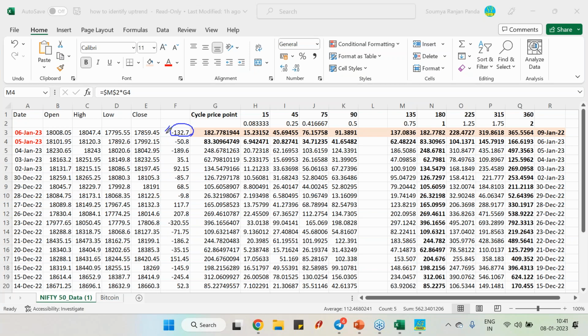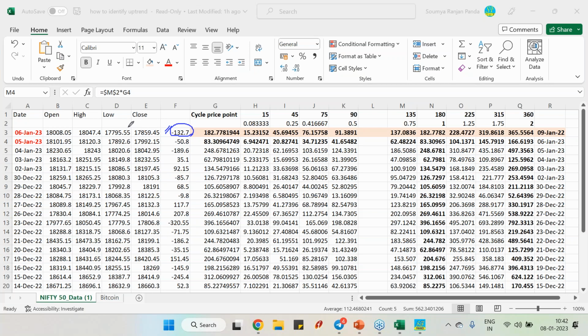Though it opened here, high here, low here, closing here, from the low it has almost, near 59 plus 5, coming to 64. So 64 points it has gone up. So almost 192 or 93 points it has fallen.